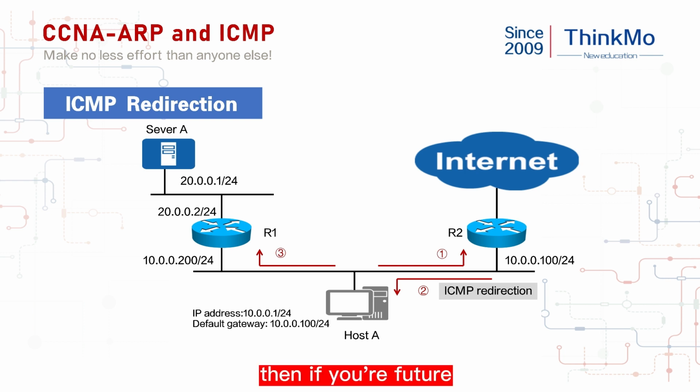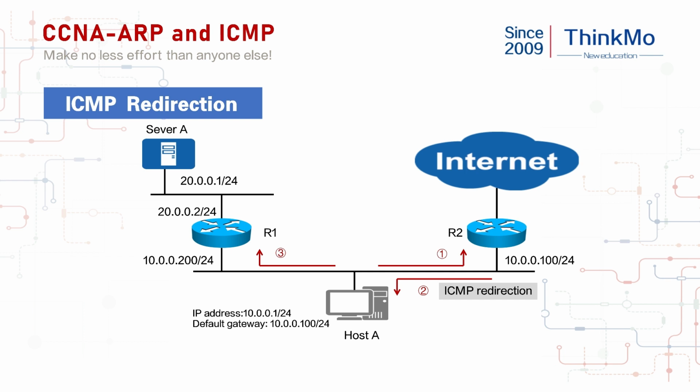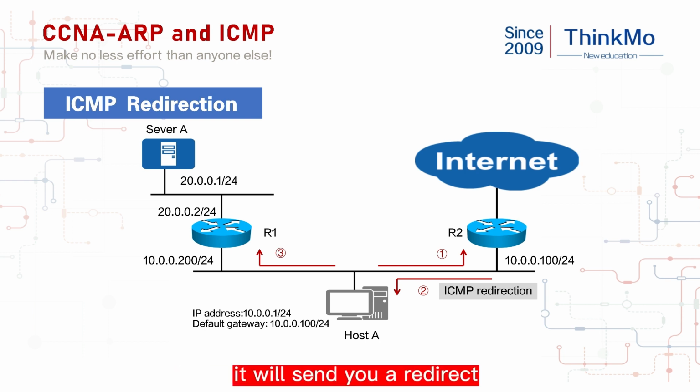Then if in the future, for example, you visit an address 8.8.8.8, such cross-segment access, should you go through the gateway? Go through the gateway. This is how the data traffic goes normally. Only when you send data, when it still comes out of this interface, it will send you a redirect.